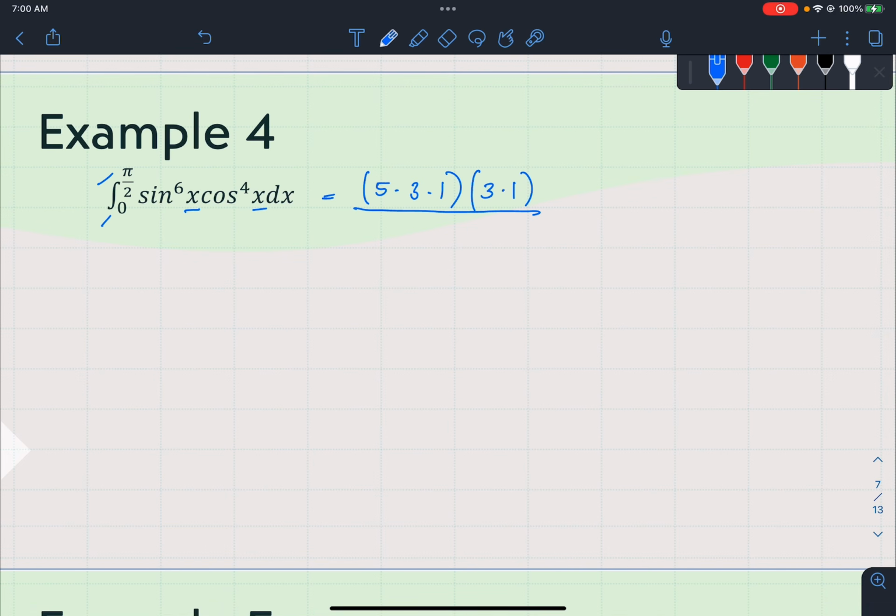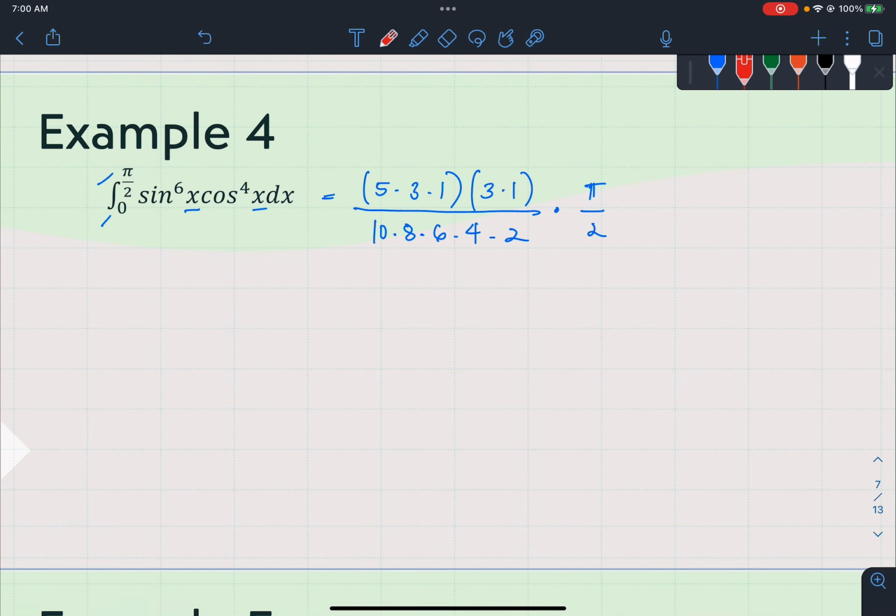And then 6 plus 4 is 10. Then 10 minus 2 is 8, minus 2 is 6, minus 2 is 4, minus 2 is 2, and we stop there. We multiply it with, 6 is even, 4 is even, so therefore we multiply it by pi all over 2.